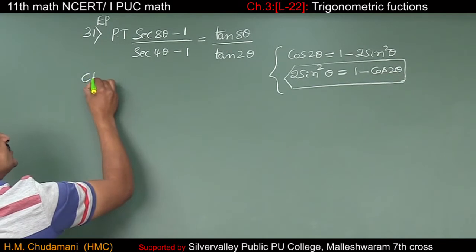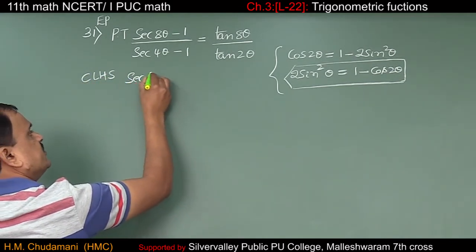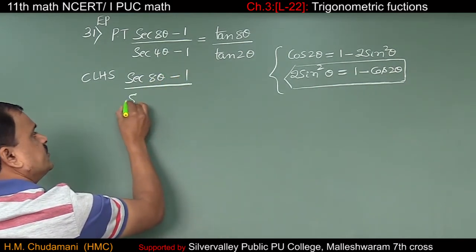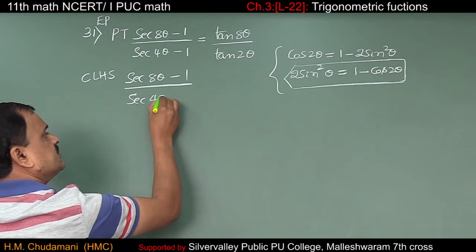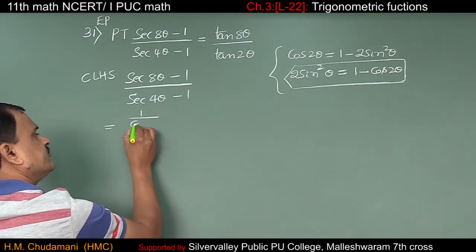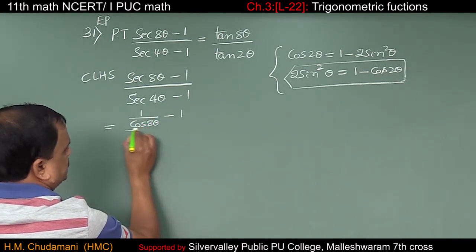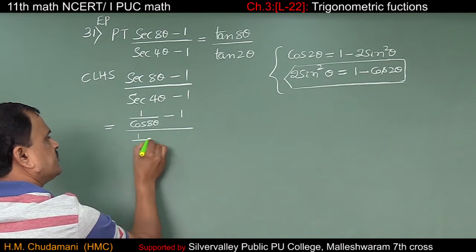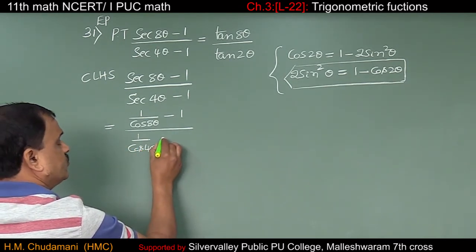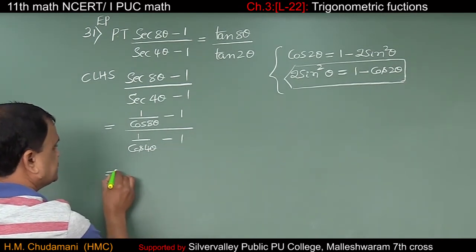Consider the left hand side. Let us prove the RHS. Secant 8 theta minus 1 divided by secant 4 theta minus 1. Write the reciprocal. Secant is 1 by cos 8 theta minus 1 divided by 1 by cos 4 theta minus 1. Take the LCM.